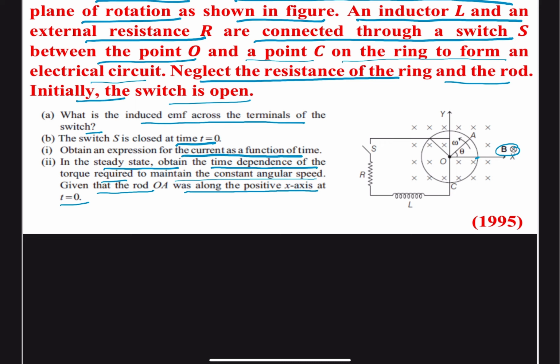It is rotating in this direction, and we have to find out first of all what the induced EMF across the switch S will be, and initially this switch is open. So let us solve part A.